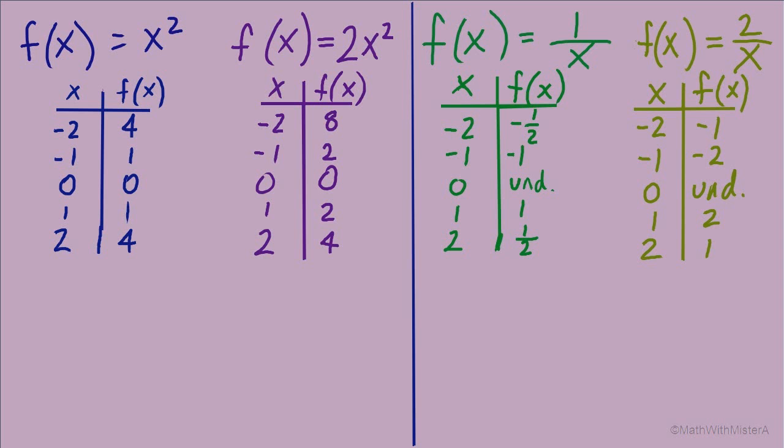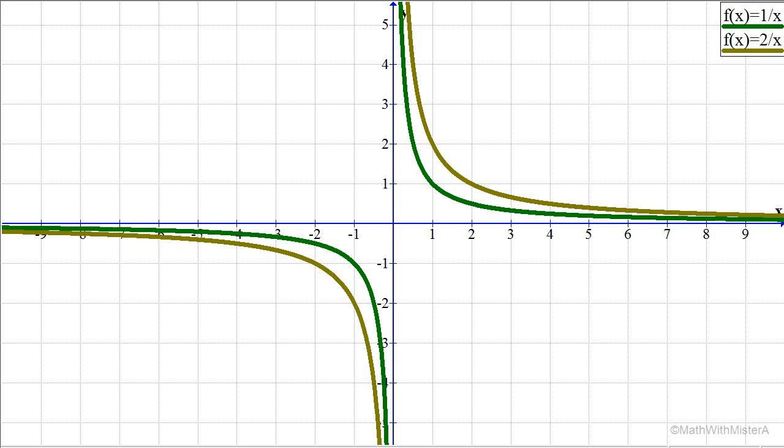So we can still see our function values have all been doubled. Multiplying our expression of the function by 2 means that all of these y coordinates are doubled. And when it comes to the graph, it means that everything is twice as long as what it was before. The point at 1, 1 has been stretched up to 1, 2. Our point at 2, 1/2 has been doubled, stretched up to 1.